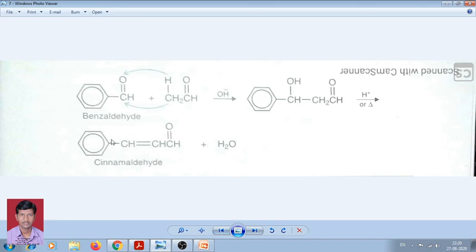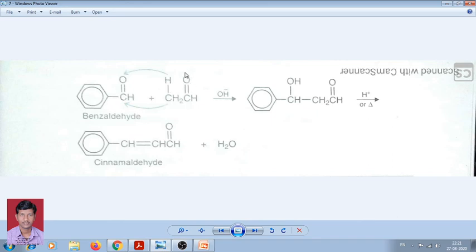Now this is the reaction of benzaldehyde and CH3CHO. These two aldehydes are different, so this is an example of mixed aldol condensation. When benzaldehyde is treated with acetaldehyde, the essential condition is that one of the carbonyl compounds should have an alpha hydrogen atom.